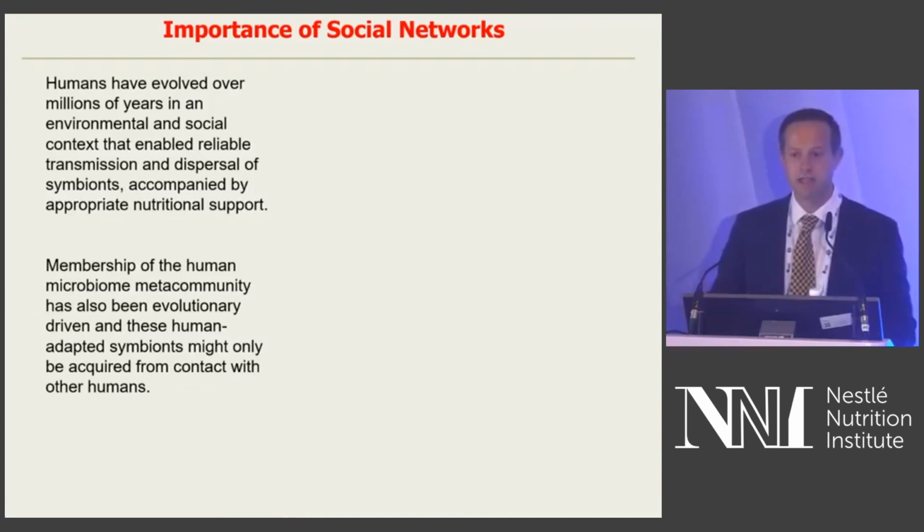And you have bacteria that are human adapted. And these are probably the ones which will have the most beneficial effects on humans. And to get these, the best place to get them is from other humans. So that's what we've concluded in the paper, that maybe bacteria from other humans might be the most important.